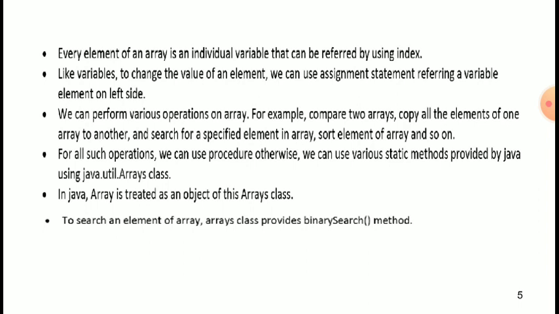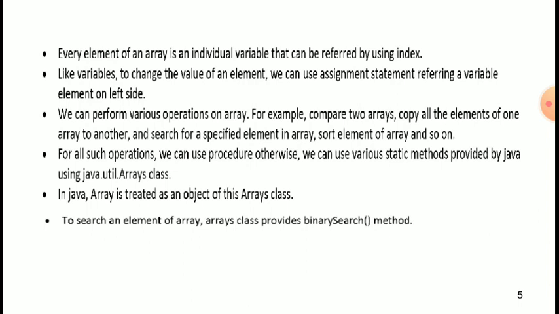Every element of an array is an individual variable that can be referred to by using an index. To change the value of an element, we can use an assignment statement referring to the element on the left side. We can perform various operations on arrays.